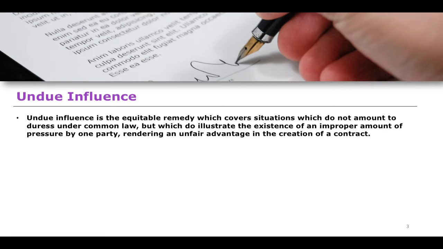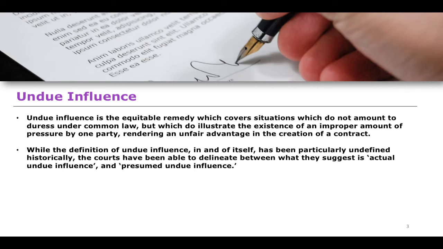So it is still very similar to duress in the sense that there is an unfair and improper, an undue amount of influence and an unfair advantage created for one party as the result of pressure by the other. But it is still nevertheless not something which fits into the nice, neat category of the common law doctrine of duress.